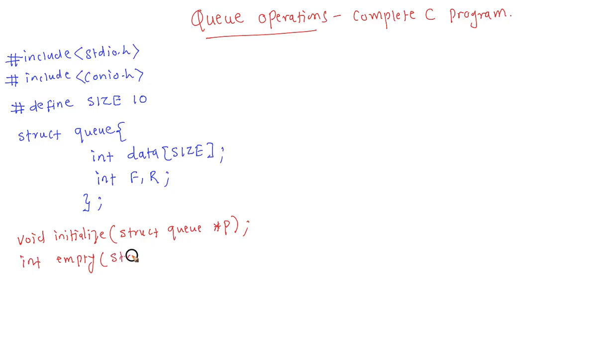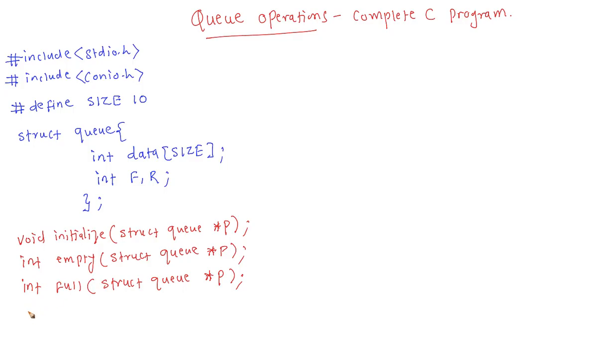To this empty, we'll pass the address of the queue which we want to check whether it's empty or not. Then similarly, we will have the function int full, which also will return 0 or 1. To this full function also we'll pass the address of the queue. If the queue is full, it will return 1. If the queue is not full, it will return 0.